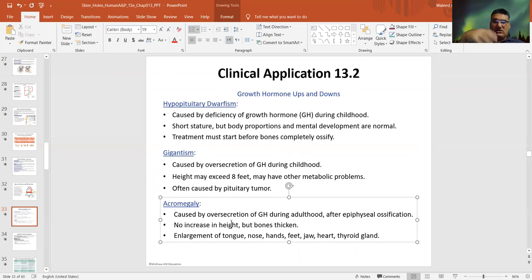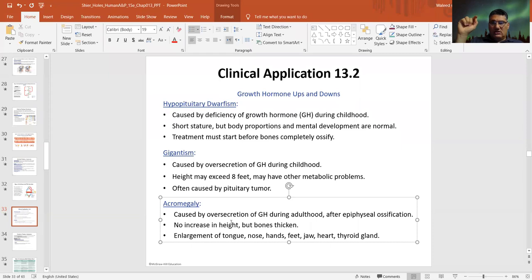How about if you increase your growth hormone, like you have a benign tumor in the pituitary gland, but it is secreting too much growth hormone in adulthood? Well, you cannot get taller. Your body is not going to be huge or anything because your epiphysis is already fused. Let me tell you this.